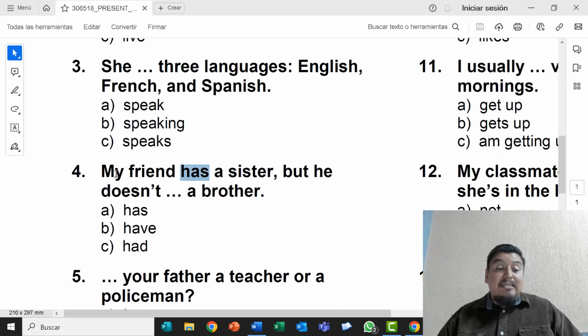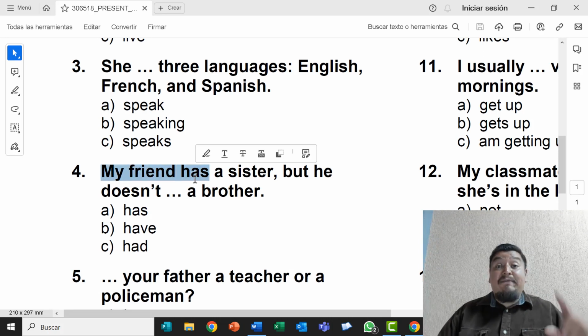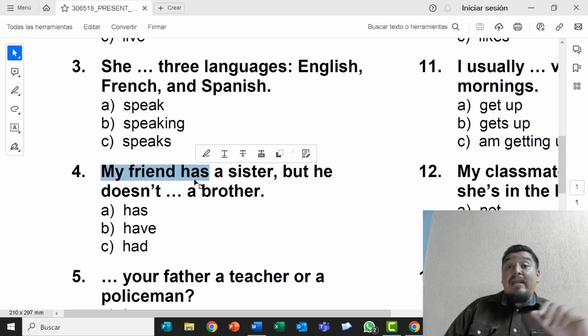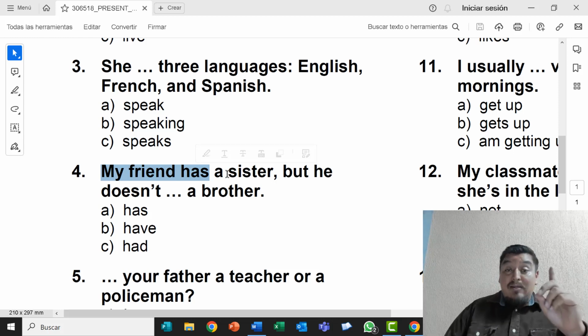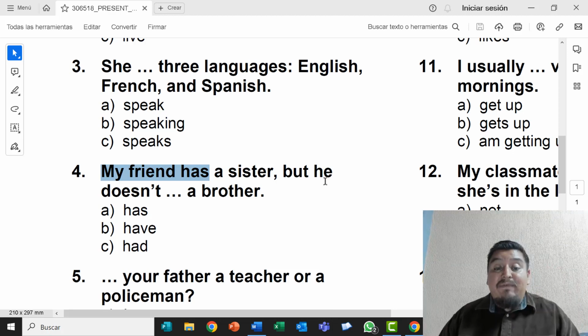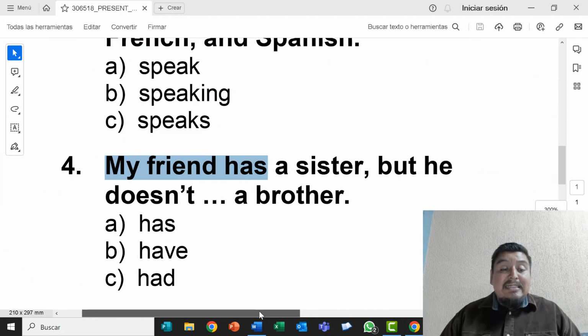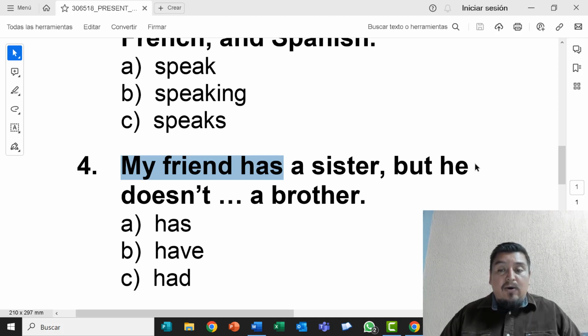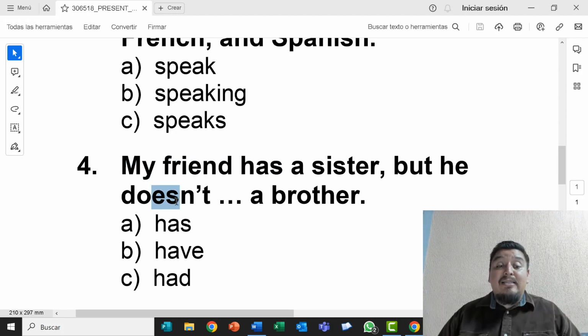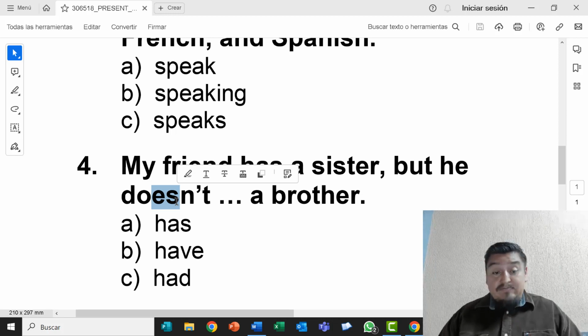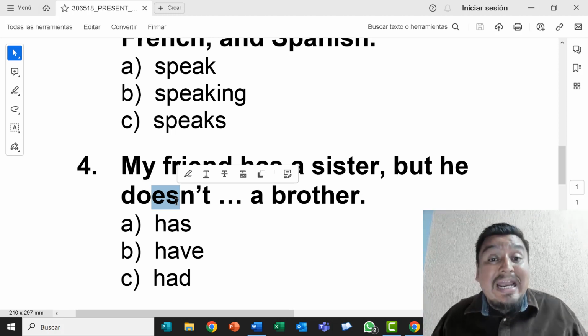Okay? This is the affirmative form. So this example says my friend could be a man, he has, or a woman, she has. My friend has a sister, but look now at the negative form. But he doesn't, and you say, or he has? No. Not for the negative form, because the rule is in the auxiliary. So we are always going to use have for the negative form.